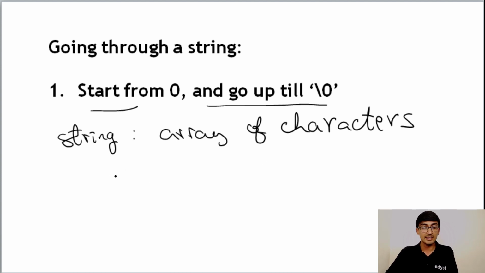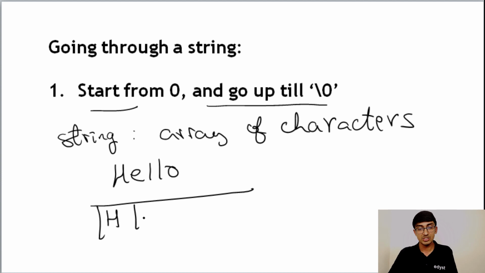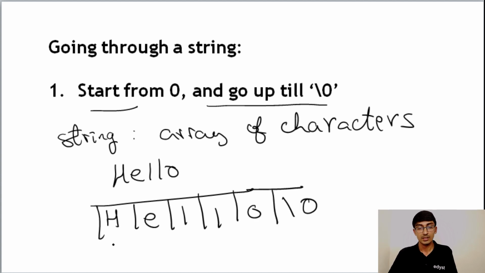So let's say I get a string like this, hello. The way it will store it in an array is that it will take it like this, H E L L O, and at the end you have something like this. What is that? I'll just come to it. But you have each of these characters stored as a part of the array.